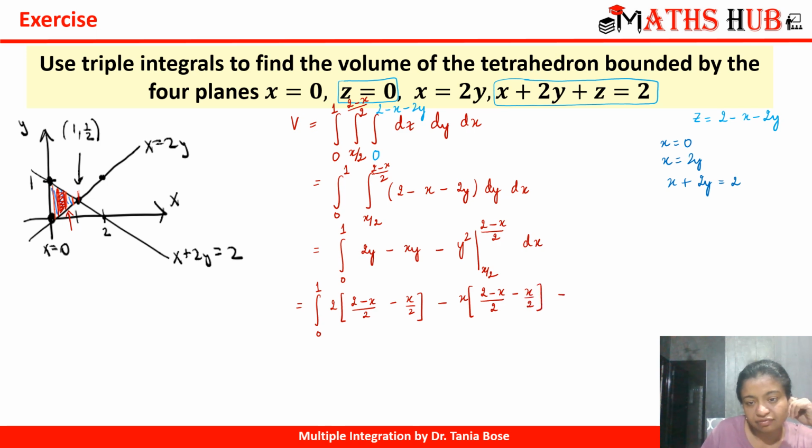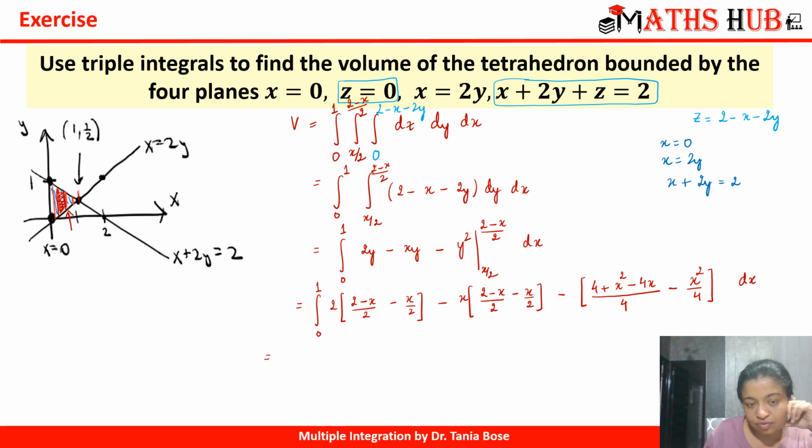And then we have 2 minus x by 2 whole square. So I will get 4 plus x square minus 4x divided by 4. This is 2 minus x whole square minus x square by 4, right? And the whole we will integrate with respect to x.